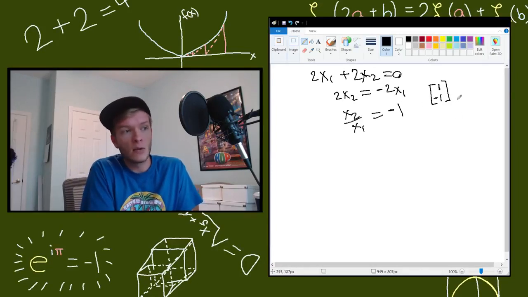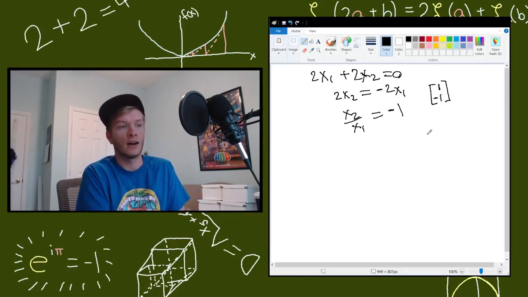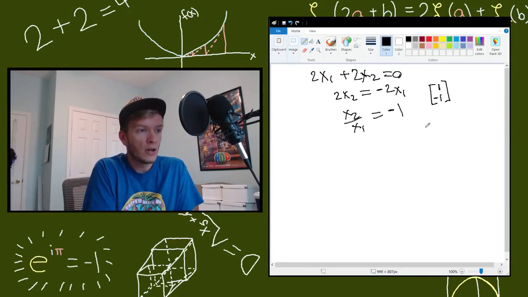What that means is they will try to get a vector that when you plug the values into x1 squared plus x2 squared, this is equal to 1.